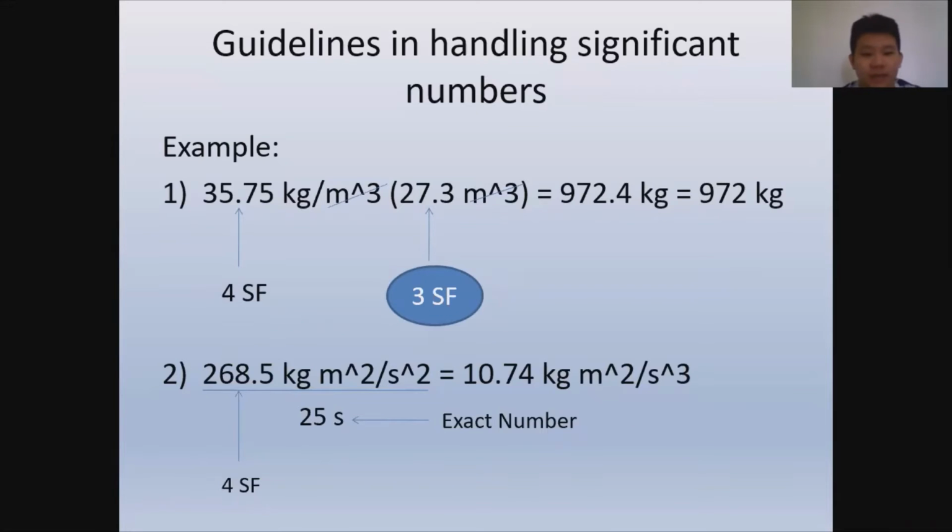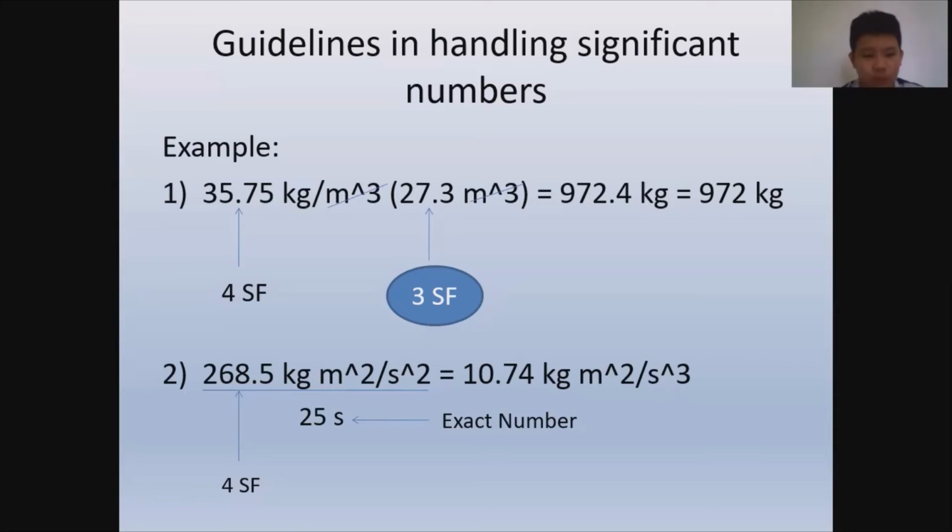Okay, the second example is 268.5 kilometer squared per second squared divided by 25 seconds is equal to 10.74 kilometer squared per second cubed. Why is the final answer 10.74?